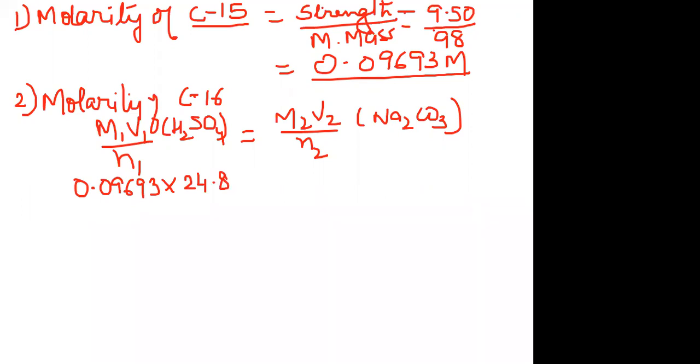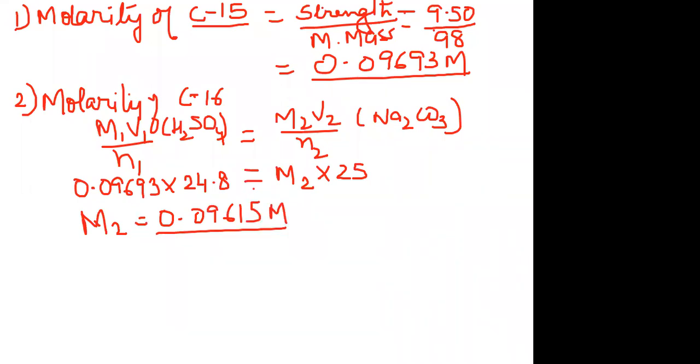This is equal to the molarity of sodium carbonate, and the volume of sodium carbonate will be 25 ml, because this is what we are pipetting out as per the instructions. So M2, that is molarity of sodium carbonate, when you substitute, you will get 0.09615 molar. If you look at the molarity, there is not much difference. The last 3 digits you tally.